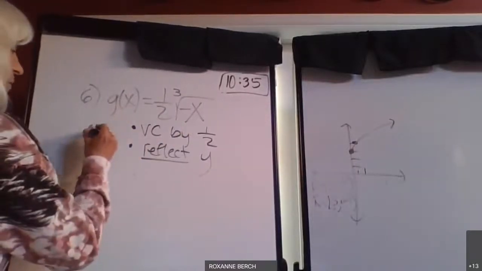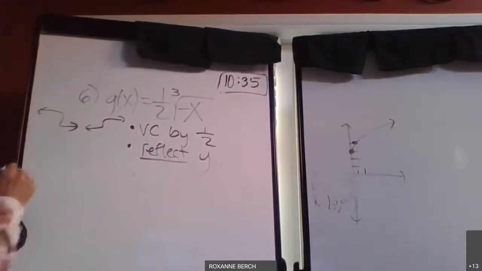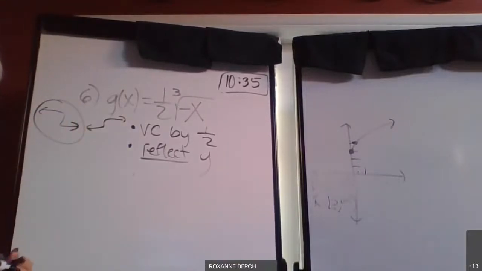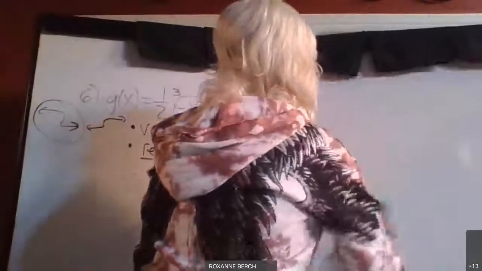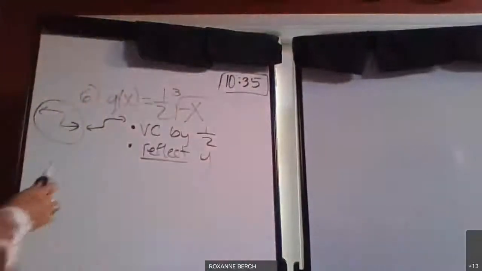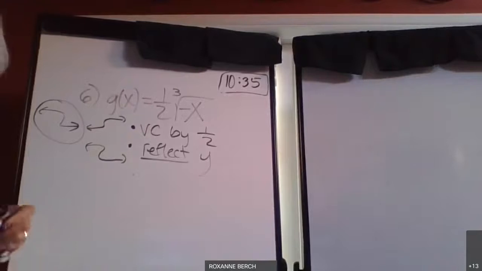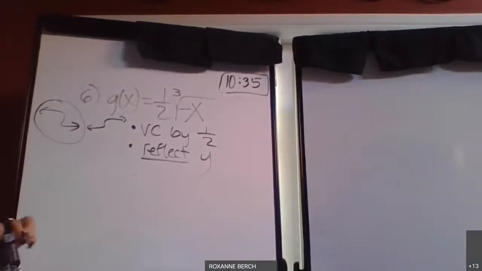The cube root looks like this. When I reflect it over the y, it should look like that, right? So this is the graph I'm going to do. And I always draw a little sketch just so I don't mess it up. So if it was a reflection over the x, I would show the reflection over the x down here. So it was a reflection over the y, so I always draw a picture to know what I'm going toward.